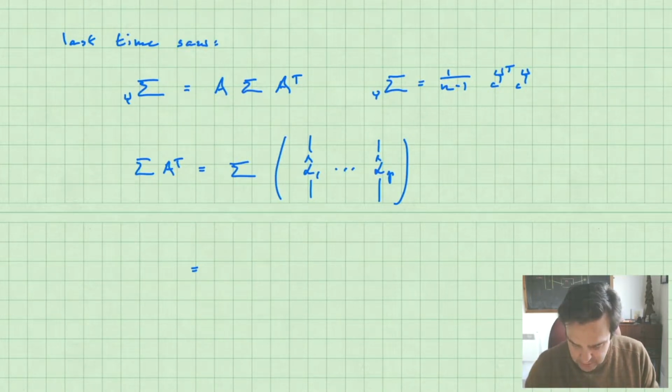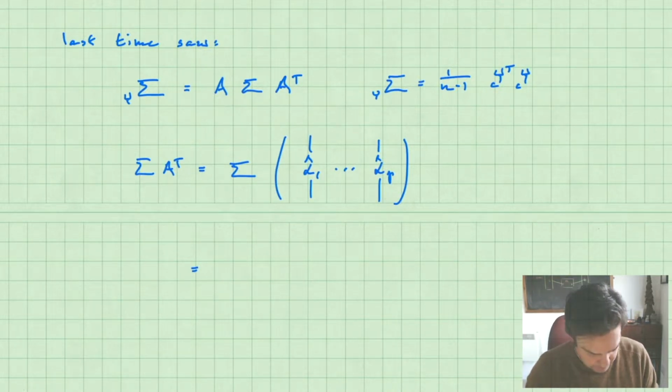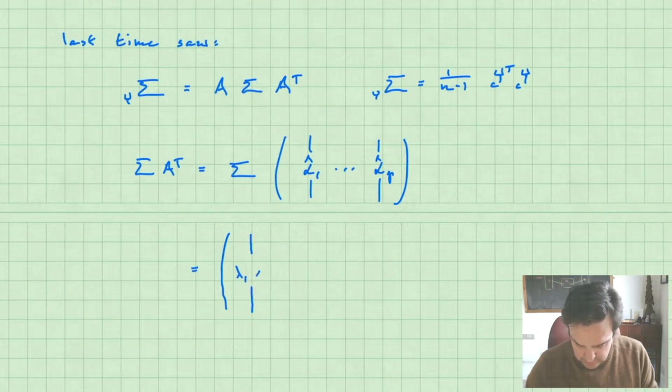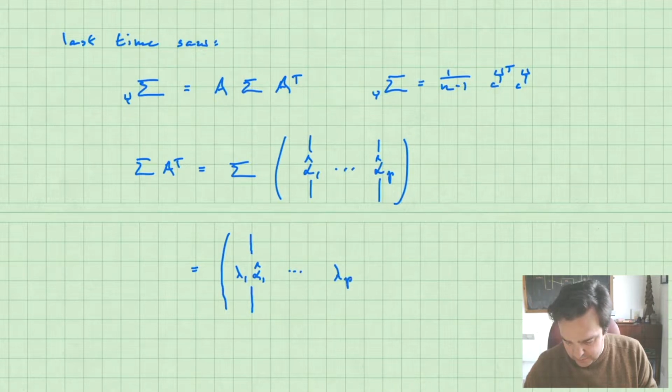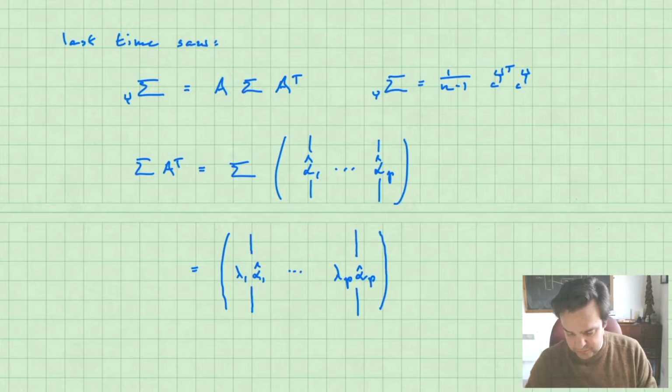And when you do that, because the alpha hats are eigenvectors of sigma, you get a simple result, right? When you multiply sigma by alpha hat 1, you just get lambda 1 times alpha hat 1. And that's your column, where lambda 1 is a scalar. Then that process repeats, and for the last column you get lambda p times alpha hat p. And so that's how that matrix multiplication works.